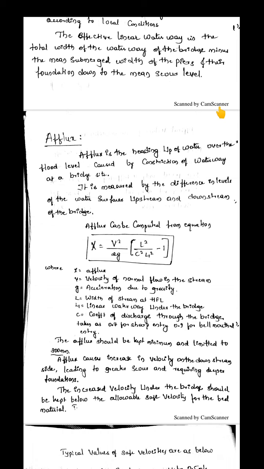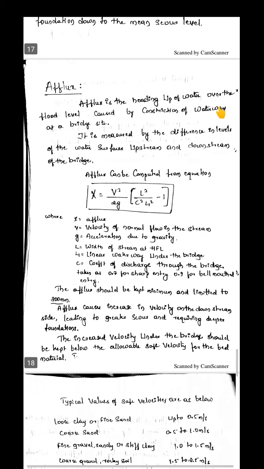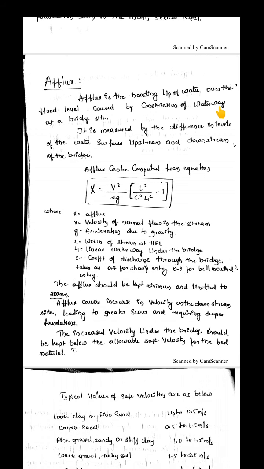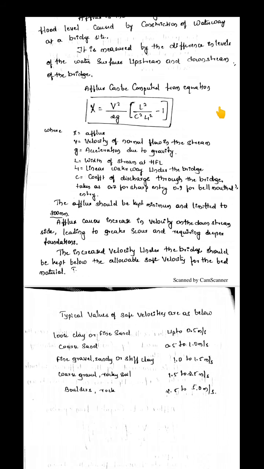The increased velocity under the bridge should be kept below the allowable safe velocity for the bed material. The typical values of safe velocity are given below. Loose clay or fine sand: up to 0.5 meter per second.